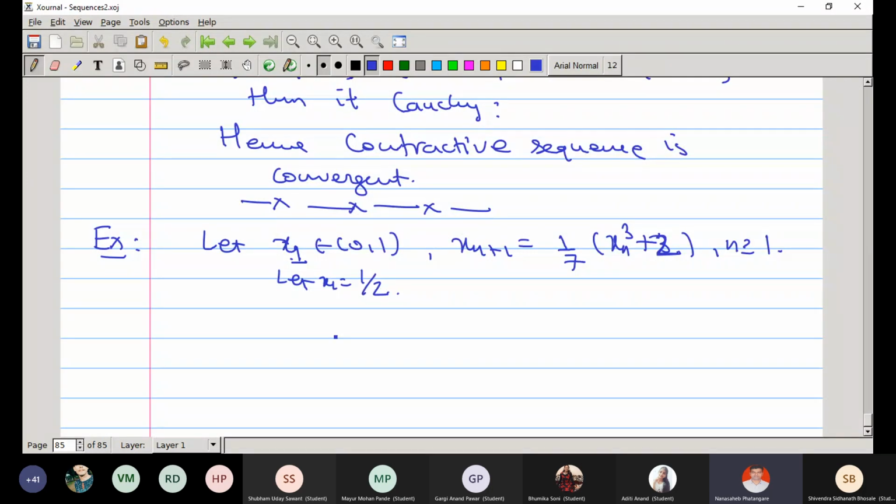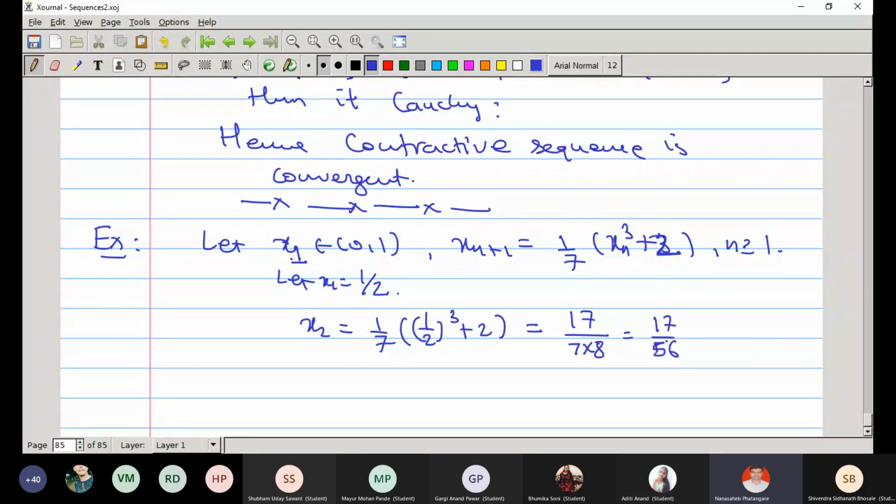Therefore what is x2? 1 by 7 times (half cube plus 2). What is it? It is 17 by 56.